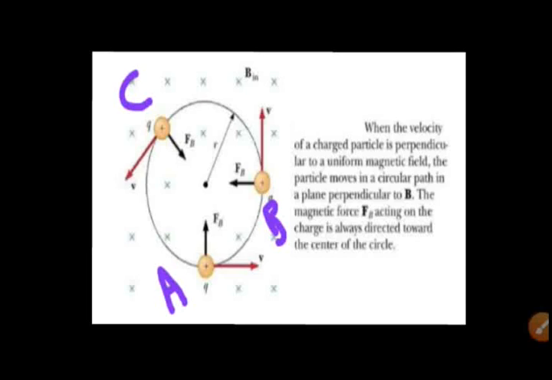Again, the charged particle will experience a magnetic force equal to qvB at this point C, and let us find the direction of magnetic force using right hand rule. Stretch your thumb in the same direction as that of velocity and other fingers into the plane, that is in the direction of magnetic field, and see the direction of magnetic force.